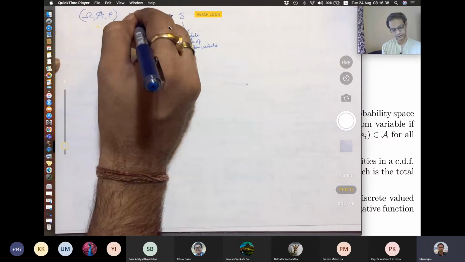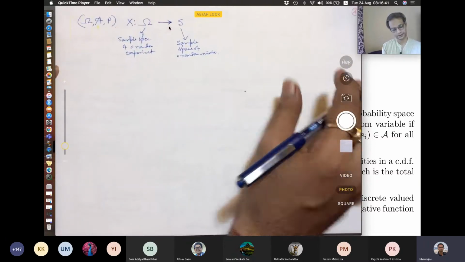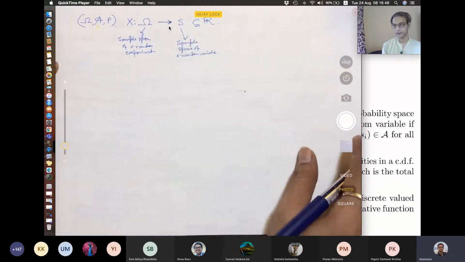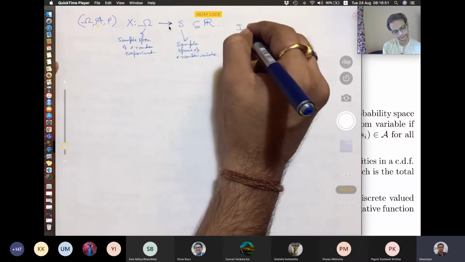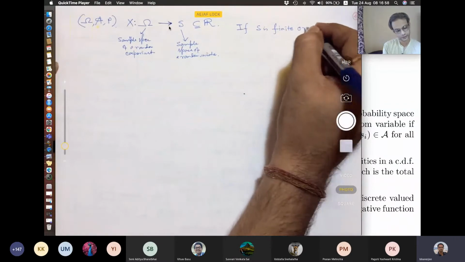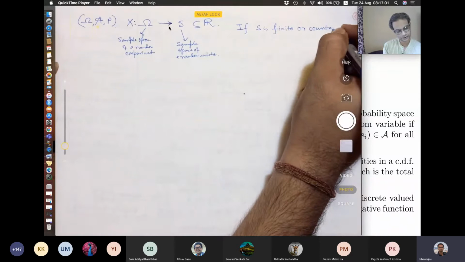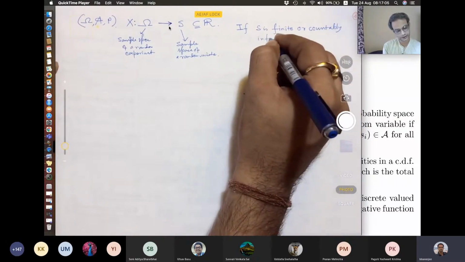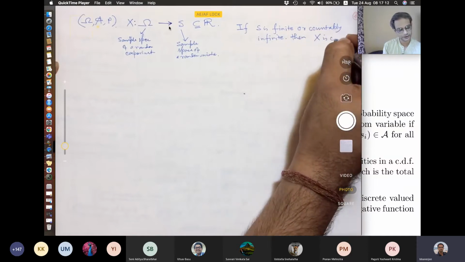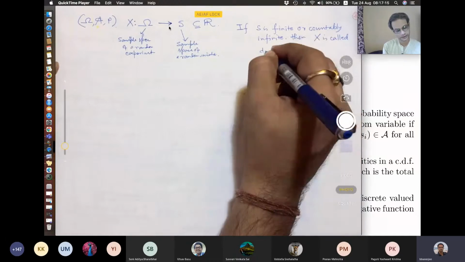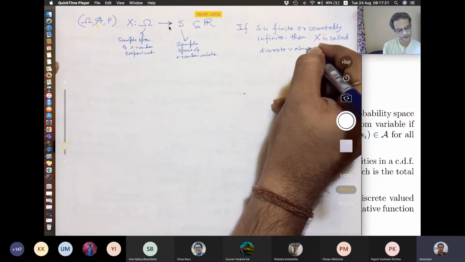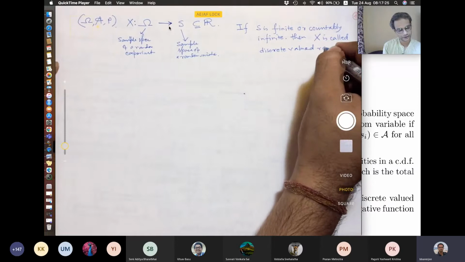So X is mapping from omega to S, which is a subset of R, and if S is finite or countably infinite, then X is called a discrete valued random variable.